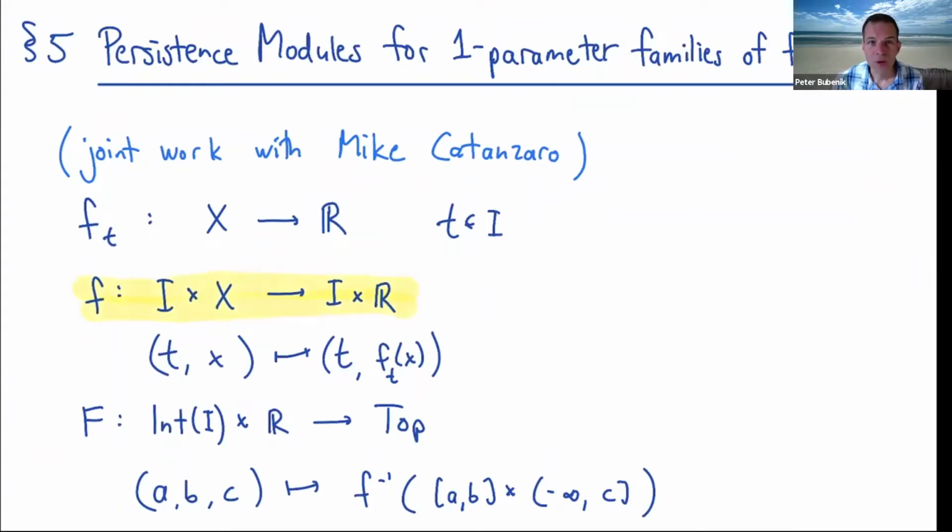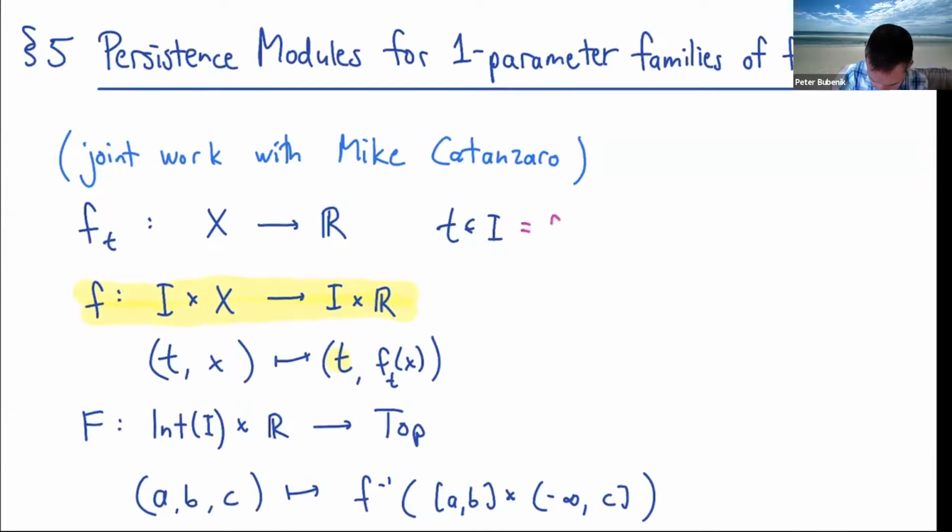Usually a one-parameter family of functions is written as a function on X cross I or I cross X into the real numbers. It'll be convenient for us to keep track of that parameter value, so we'll actually map into I cross R. So we're fibered over I, if you like that language. I here is the closed unit interval.